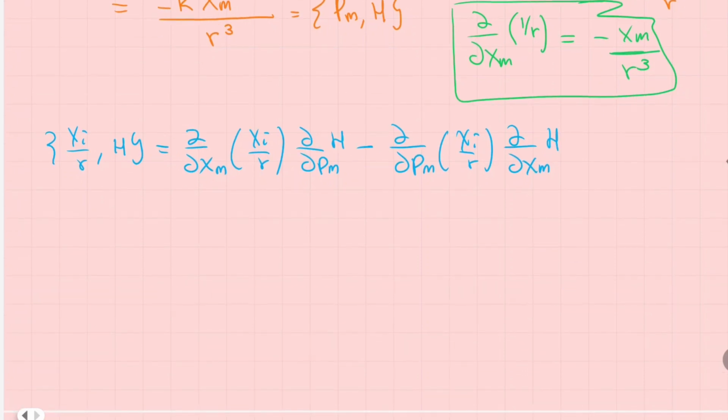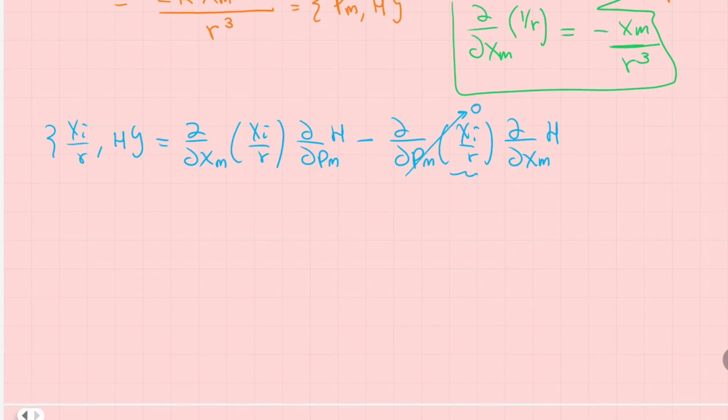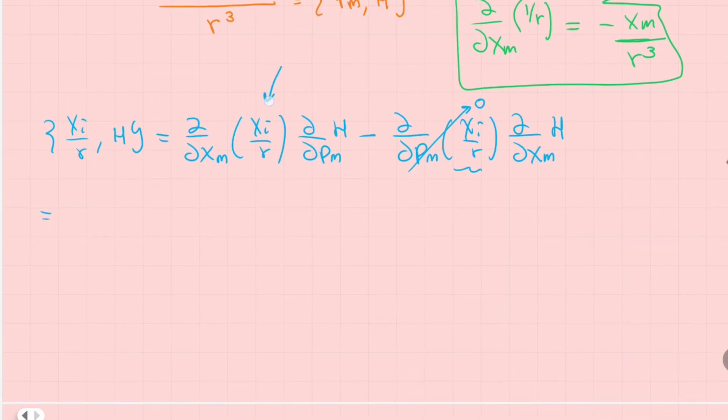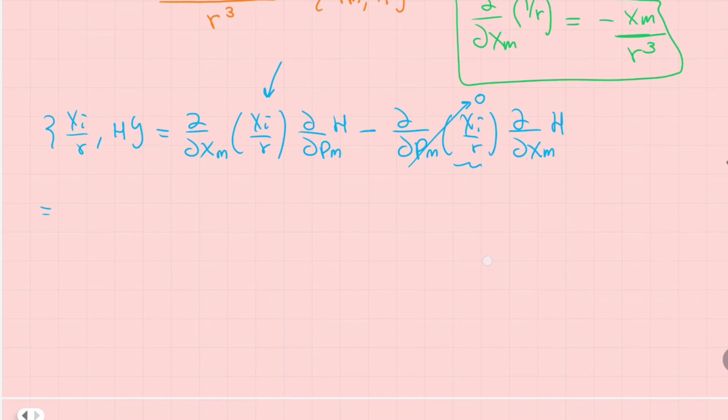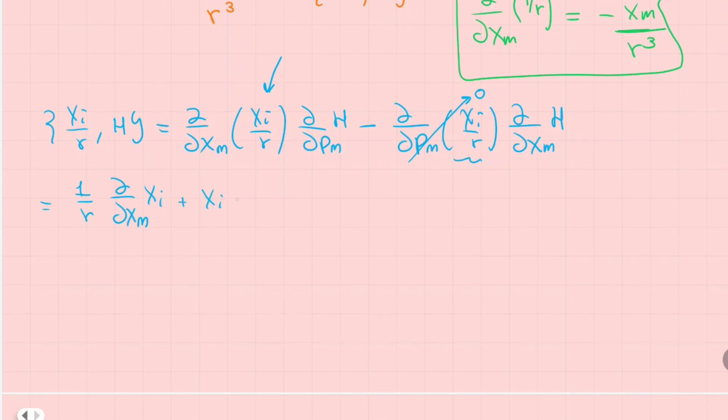Okay, first of all, it is easy to notice that this quantity is going to be 0 because this does not depend on pm. So here we have a product of 2 functions, so we are going to use the product rule, and this is going to be 1 over r times the partial with respect to xm of xi plus xi, the partial with respect to xm of 1 over r.